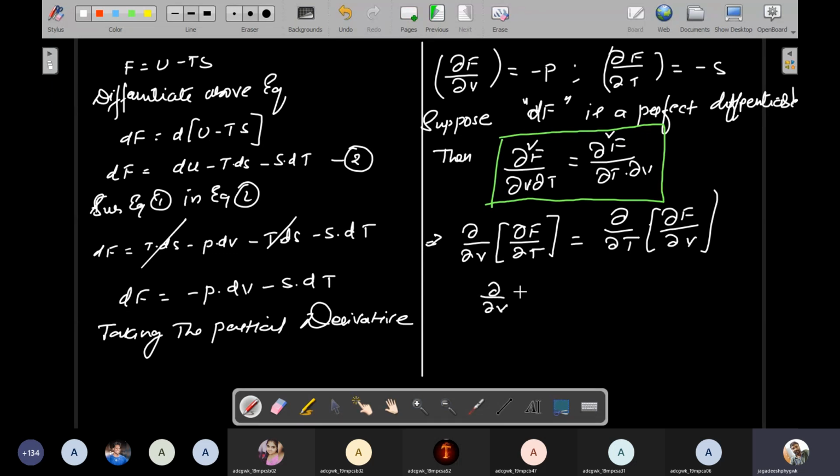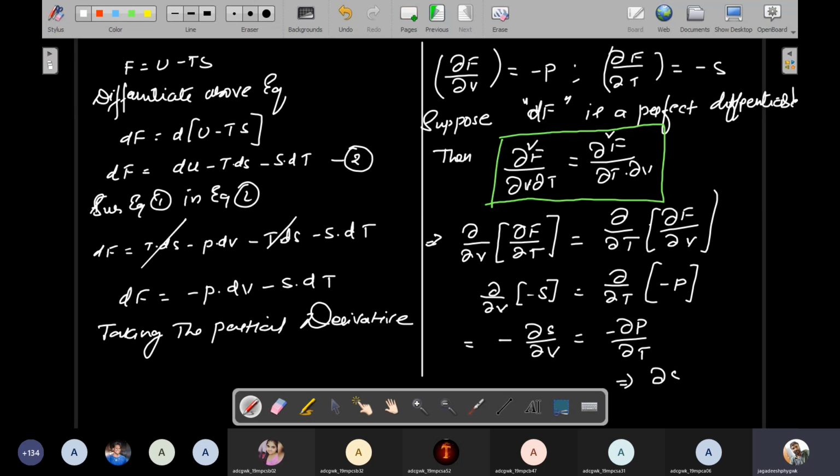So dou by dou v of minus s is equal to dou by dou t of dou f by dou v, which is minus p. So finally minus dou s by dou v is equal to minus dou p by dou t. Minus minus will be cancelled, so finally dou s by dou v is equal to dou p by dou t.